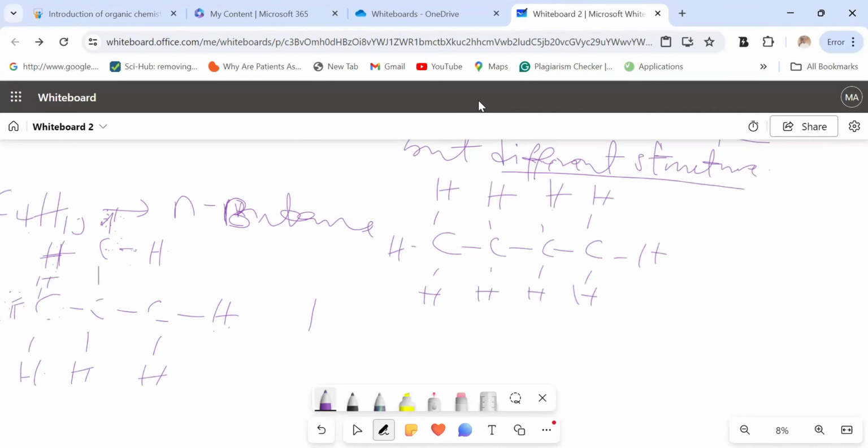So if you count all, you see that the number of carbon is the same, 1, 2, 3, 4, is 4. Then the hydrogen are 10, still 10, but they have different structure. So that is what you call isomerism.